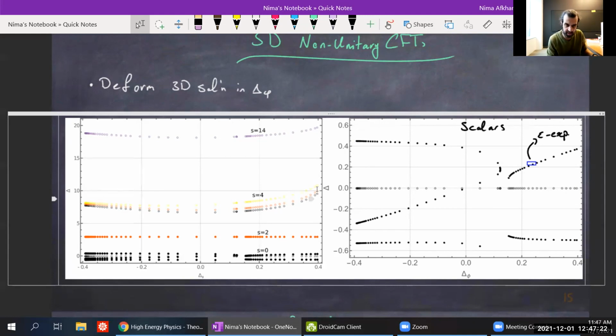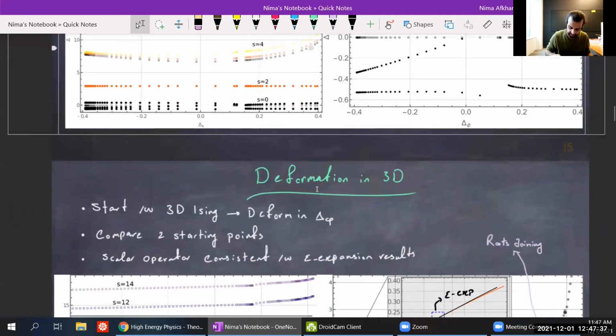But I could do one other thing. Instead of starting in 2D, deforming into 3D, and then deforming, I can have a different starting point. I can start directly in 3D, finding the extremal functional corresponding to Ising, like we did in 2D, and then deform that.